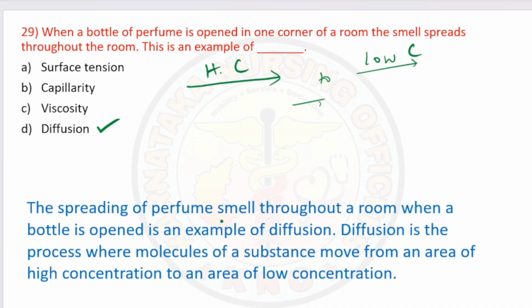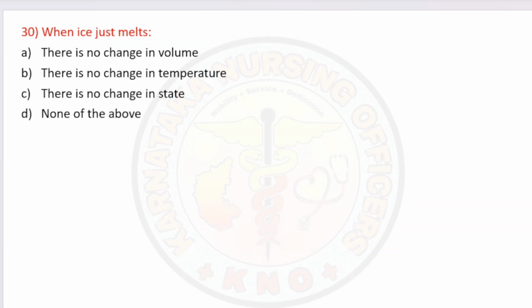So the spreading of perfume smell throughout the room when a bottle is opened is an example of diffusion. And diffusion is a process where molecules of a substance move from an area of high concentration to an area of low concentration.